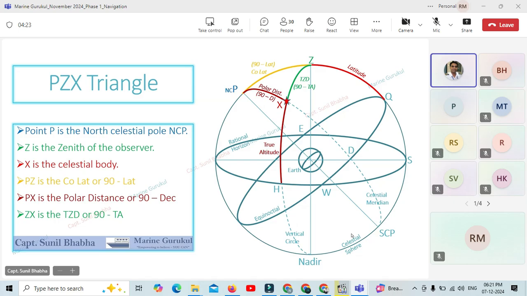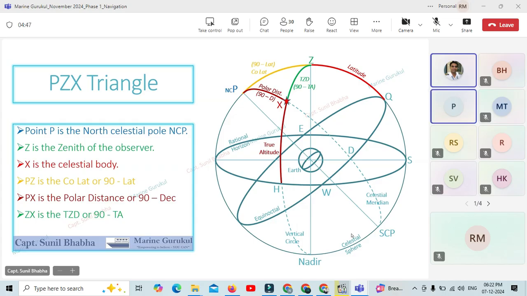Yes, sir. Zenith to the body is the zenith distance. And the second thing, for latitude, we are using the celestial sphere, the other side, North Pole to equinoctial. That's right. That's for declination. We call it declination on the celestial sphere.